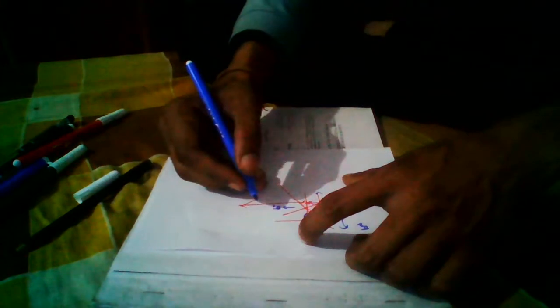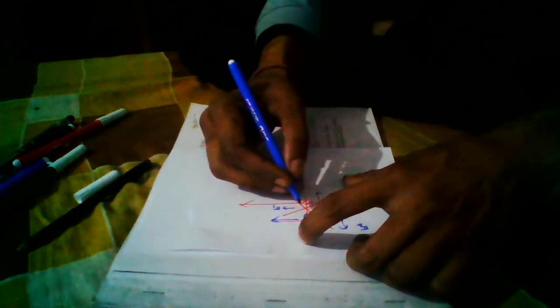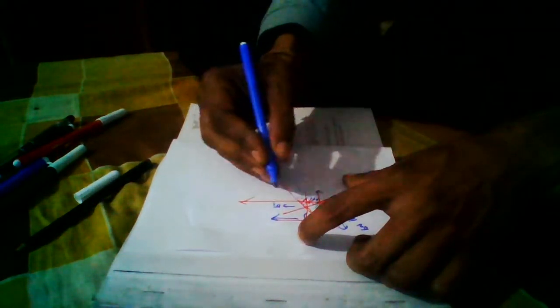So obviously the force acting along this direction will be S into this area, and acting along that direction will be S into this area, because S has an angle of alpha with this direction.